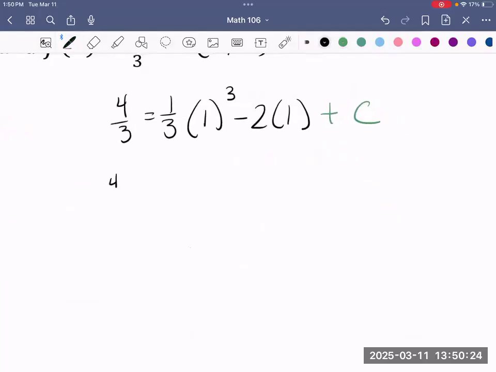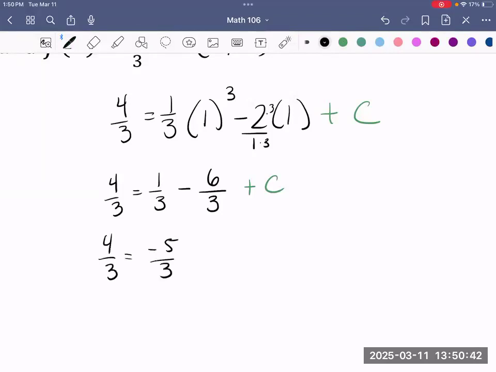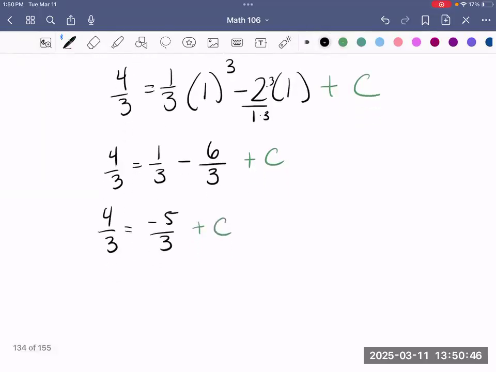So we have 4/3 is equal to 1/3 minus, and I'm just going to put this over 1. Common denominator here is a 3, so 6/3. Again, your plus c. 4/3 is equal to -5/3 plus c. So let's go ahead and add those two together.